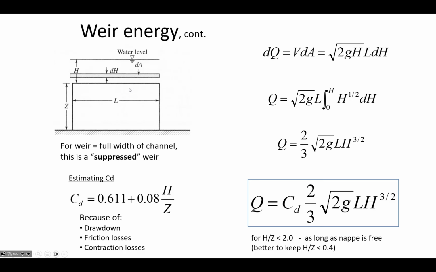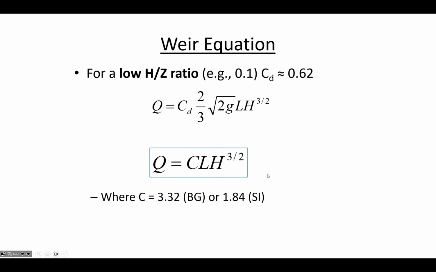And this is the formula now that was shown in that video, where they were saying it's a C value, a length, and the height of the water above the sharp-crested weir to the 1/2 power. So the C value that's here is just combining together the 2/3, the square root of 2G, and then also for a typical discharge ratio.